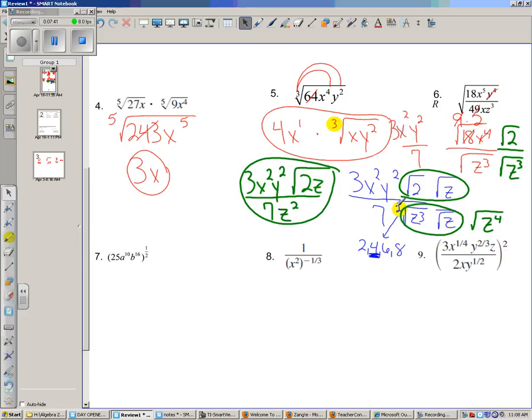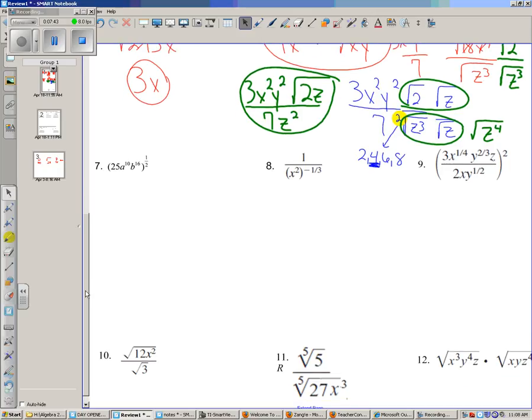All right, let's go to number 7. Now I'm back into exponents. Again, I told you guys in class, I'm not assessing your knowledge of fractions. If you want to use a calculator to type in the multiplication or the addition of fractions, go ahead. The first thing when I look at my flowchart for exponents, it says deal with parentheses. Since I have parentheses, this 1/2 is going to distribute to everything in here.